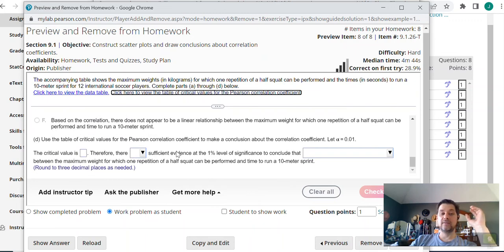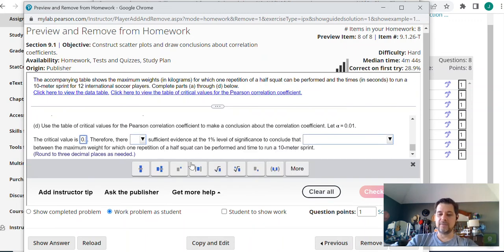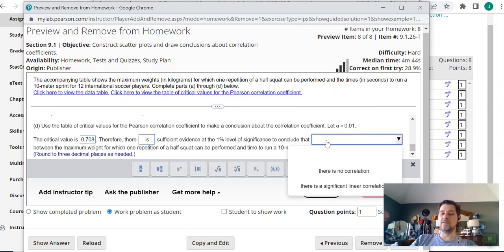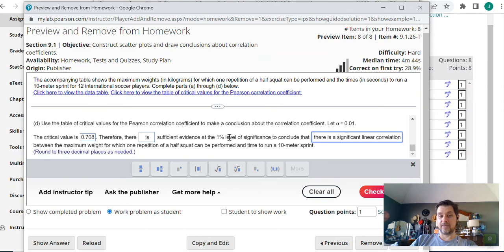So we could answer the last part like this. All right, so that critical value is 0.708, okay? And therefore, there is sufficient evidence at the 1% level of significance to conclude that there is a significant linear correlation, okay?